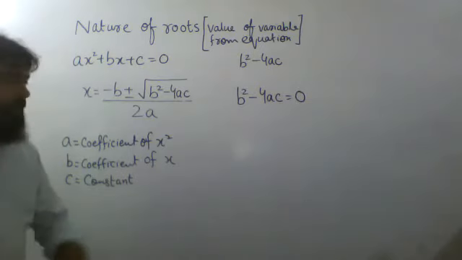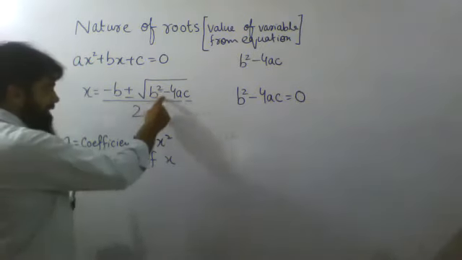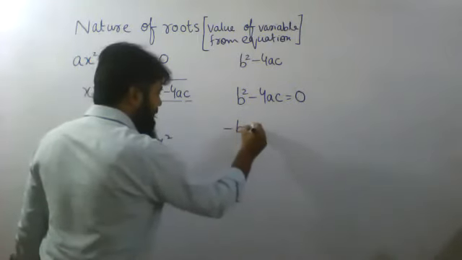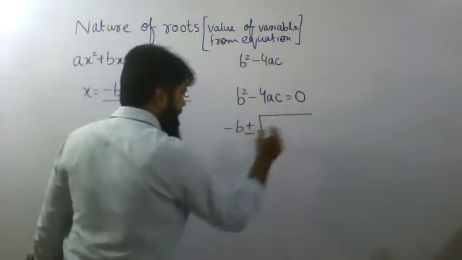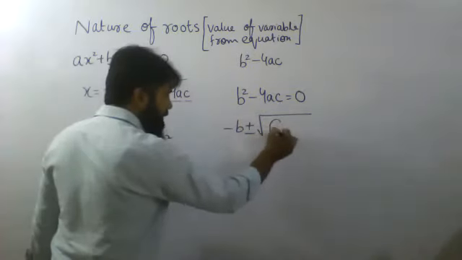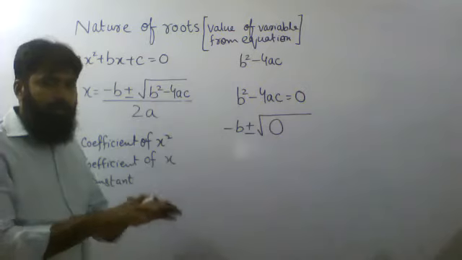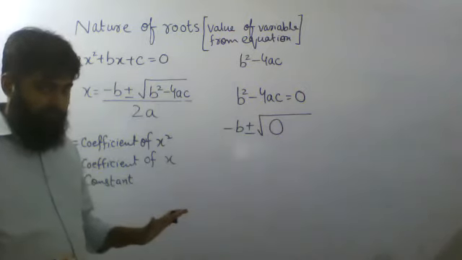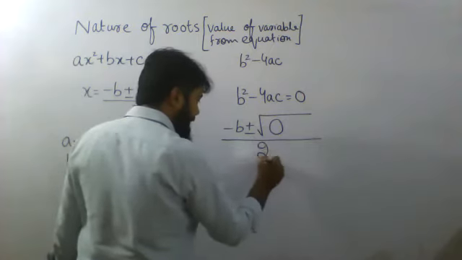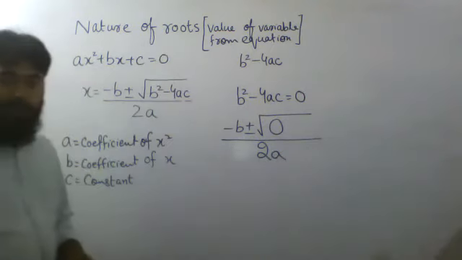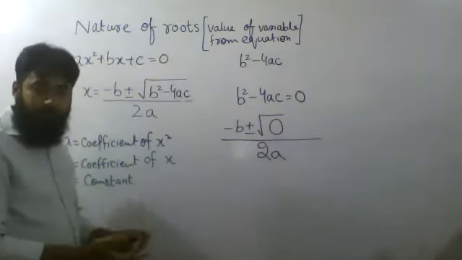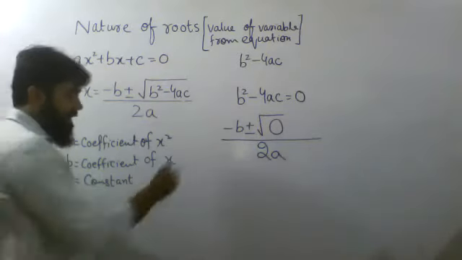When I am saying the word 0, it means that this whole thing, minus b plus minus under root of 0 upon 2a, is coming equals to 0. What is the value of a and b? That is not my concern right now. Root of 0 will be 0, means nothing.